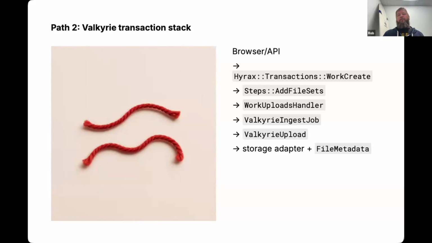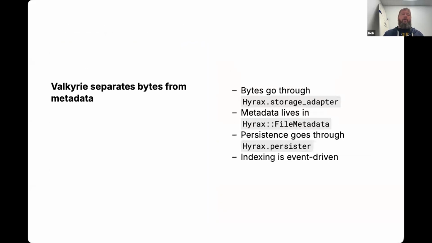This path moves orchestration into transaction steps and resource services, and does away with the actor stack. Valkyrie separates the bytes from the metadata. The actual bytes of the file go to the storage adapter, and the metadata lives in a file metadata object that's persisted into the rest of the repository.